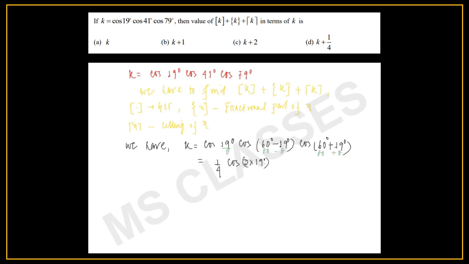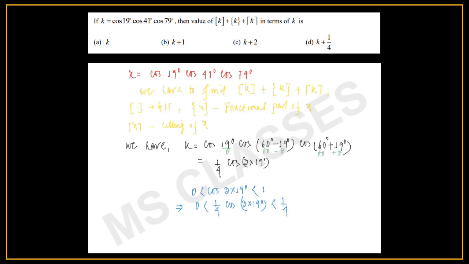Now we know that cos 3 into 19 degree will be definitely less than 1 and greater than 0. So we can say that 0 is less than 1 by 4 cos 3 into 19 degree, which is less than 1 by 4. Now this is the value of k.